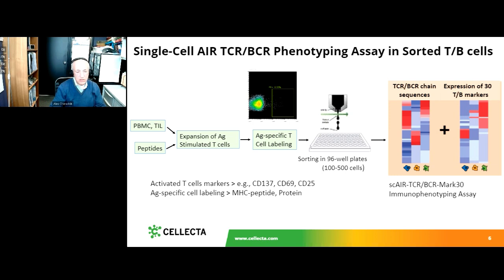These cells can be sorted based on the expression of activation markers or staining, for example, with MHC peptide tetramer or any labeled protein. As a result, you can get the sequence of the T cell and B cell receptors and expression of 30 marker genes.